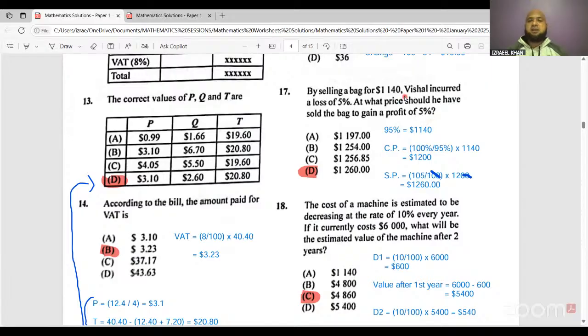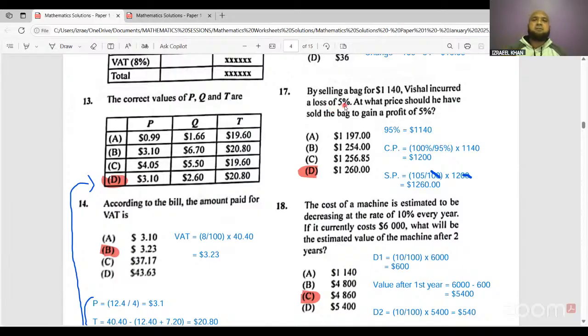Think about this, class. If we shall incur a loss of 5%, that means he really sold it at 95%. I want you all to notice tonight that you always start with 100%. And if you look to sell the item, either you go higher than 100 to make a profit or you go lower than 100% to make a loss.